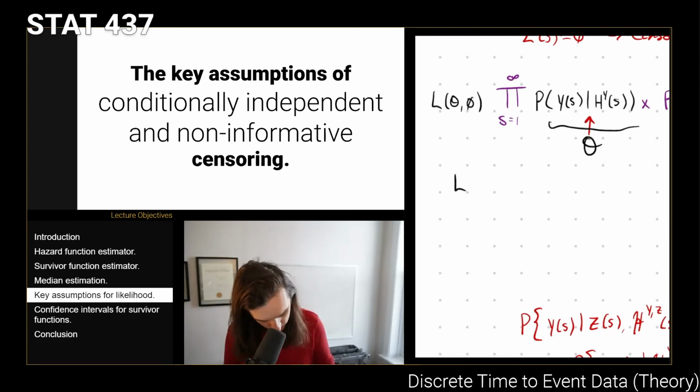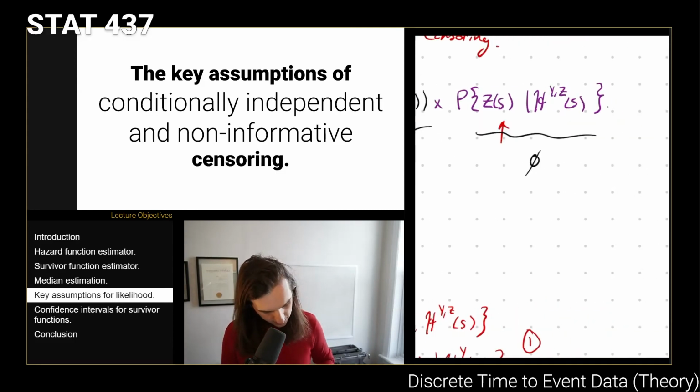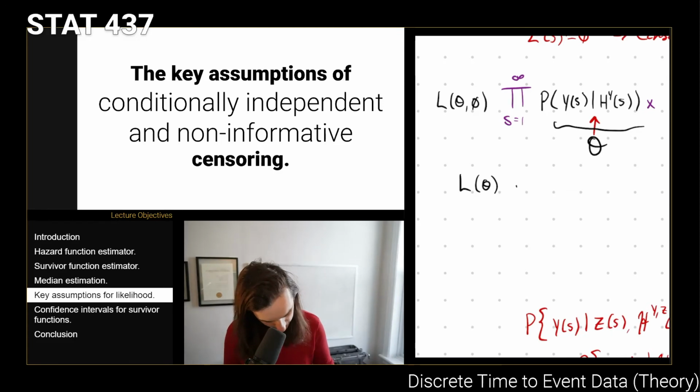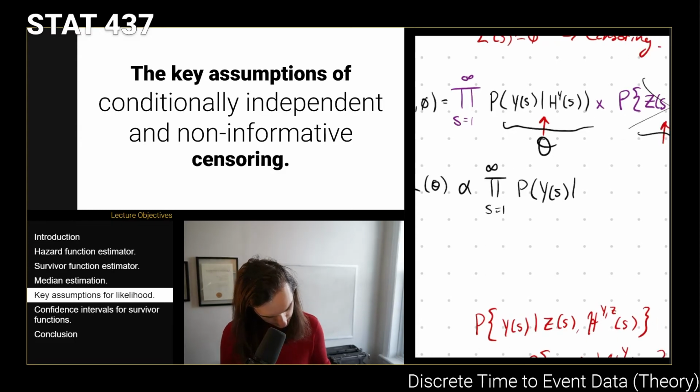Because this second term does not have anything to do with theta, the likelihood of theta is going to be proportional to this product, s equals 1 to infinity, of only this first term here. Okay? And so why does this matter?